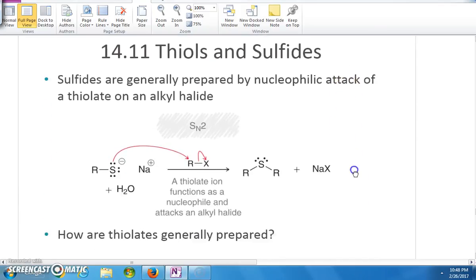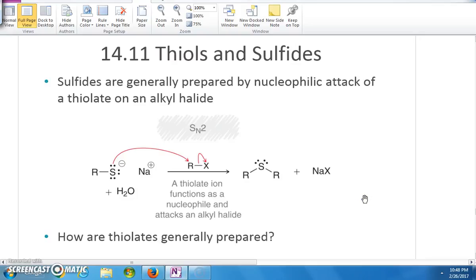Okay. Now, sulfides are generally prepared by a nucleophilic attack of the thiolate, just like in the Williamson synthesis. Remember, in the Williamson synthesis, you need to have an alkoxide, and this will react with an alkyl halide, and that's how you arrive at the ether. This is pretty similar. You have the thiolate, which reacts with the alkyl halide to yield the sulfide.